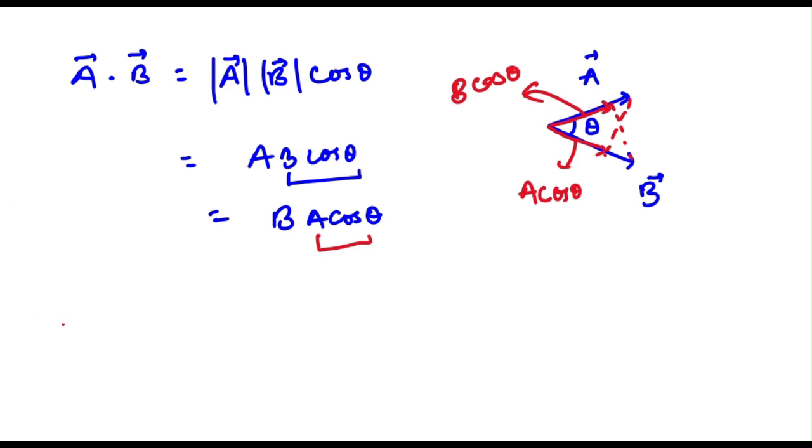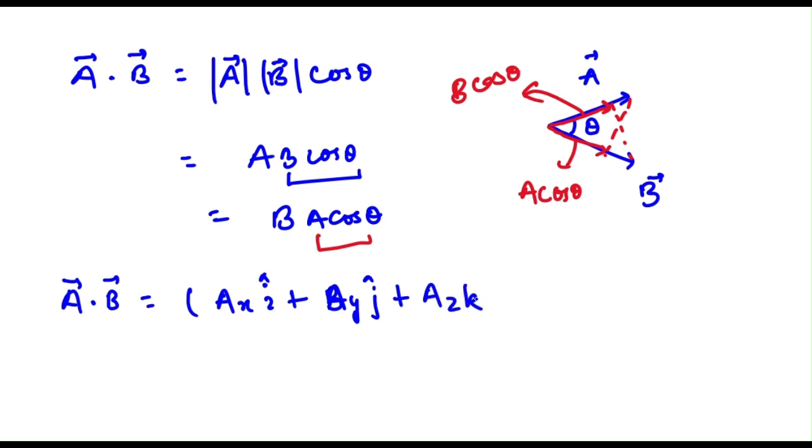Okay, for this A dot B or scalar product, we can write A as ax I cap plus ay j cap plus az k cap.